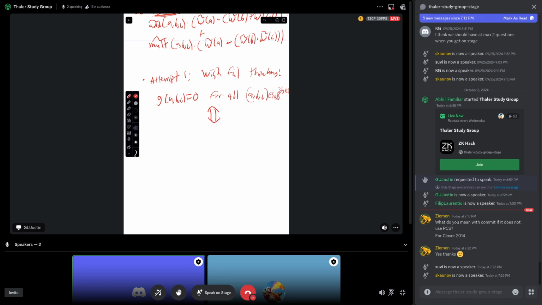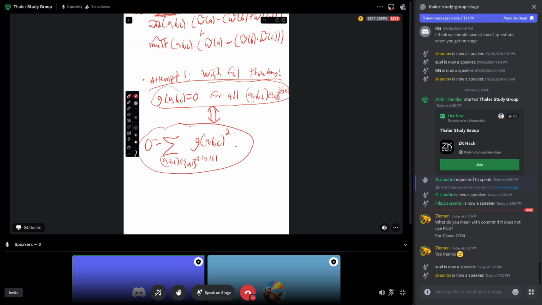So here's my attempt at identifying such a giant sum, but again, it's not going to work out: the sum over all A, B, C in {0,1}^(3 times log circuit size) of G(A, B, C) squared. This is what I would like G equaling 0 at all Boolean inputs to be equivalent to: this sum being 0.